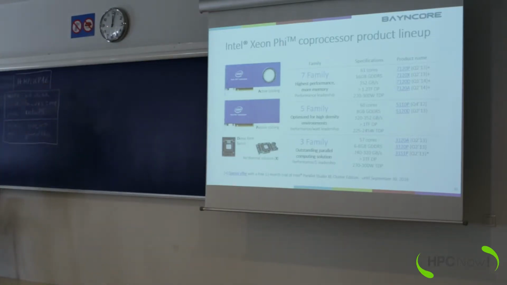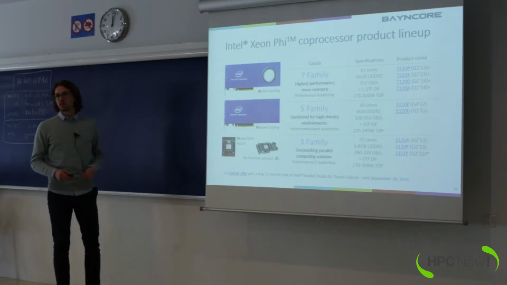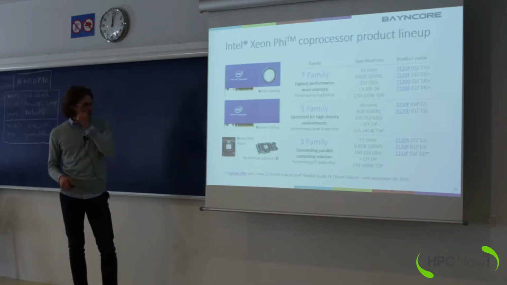We have the 7, the 5, and the 3, aimed at different markets, different use cases. And they're all available as an extra card in a dense form factor, with active cooling, with no cooling, depending on the use case that you're having.